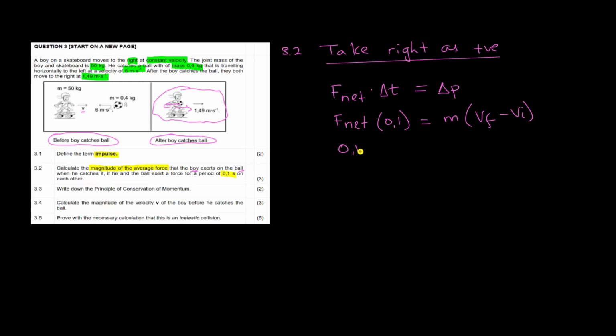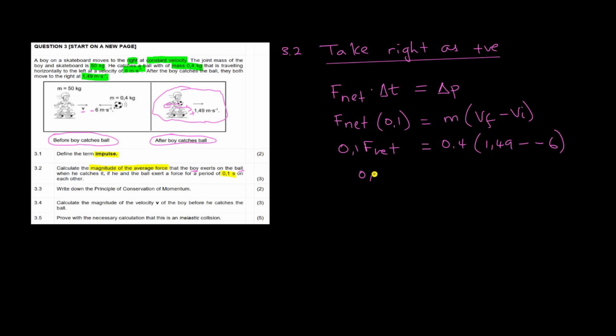So 0.1 F net is equal to the mass of the ball, which was 0.4 kg, multiplied by the final velocity. We're taking right as positive, so this is positive: 1.49 minus the initial velocity of the ball, which was to the left, so it's negative 6.